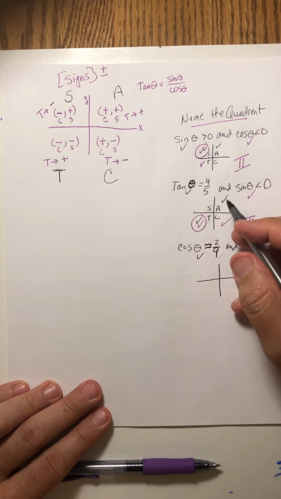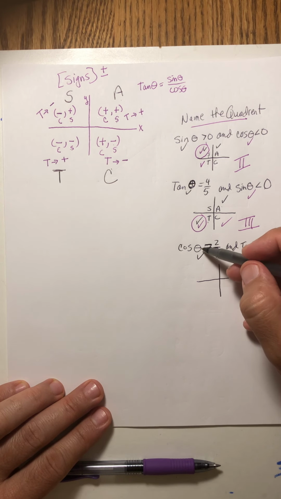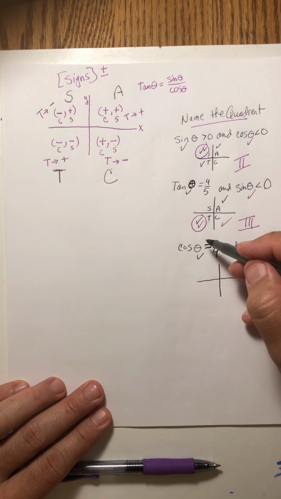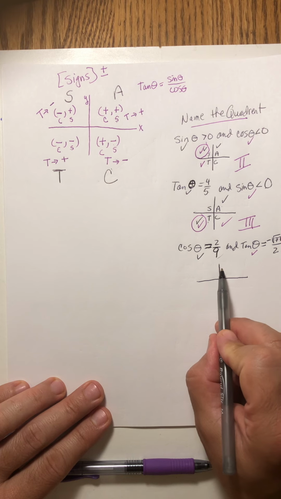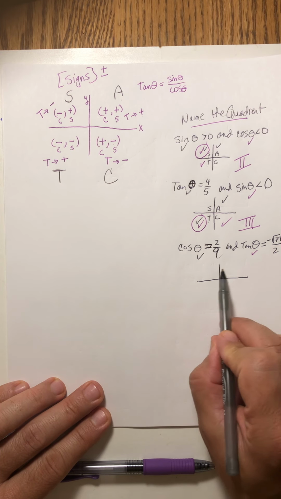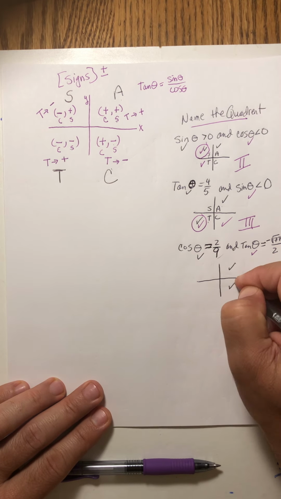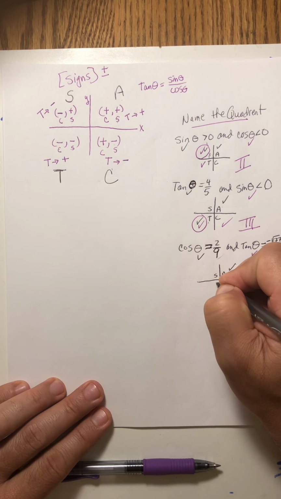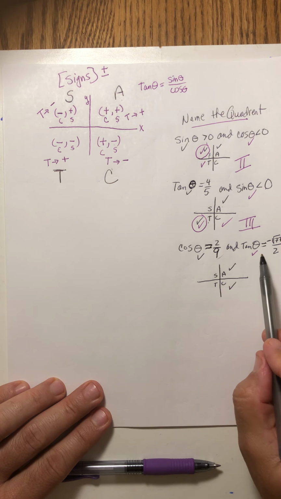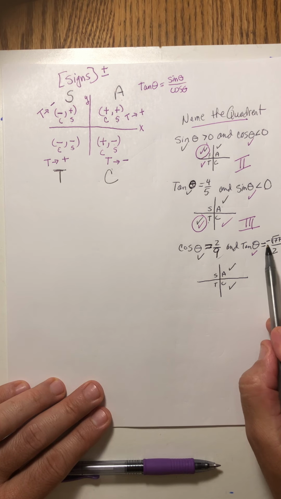That's positive. So, remember, cosine is your x's. Where are the x's positive? X's are positive on the right-hand side of the y-axis. So, positive, positive. That's, remember, ASTC. Tangent is negative.